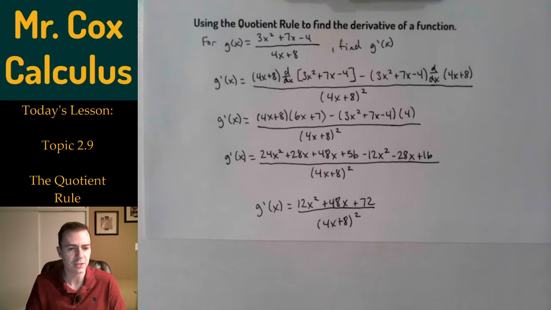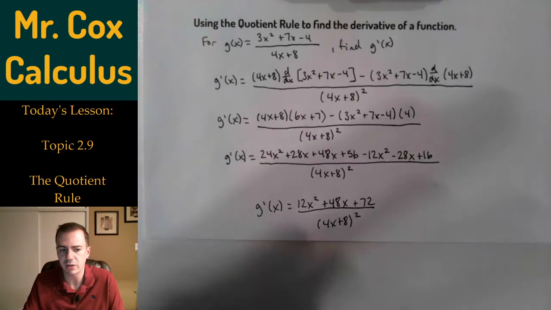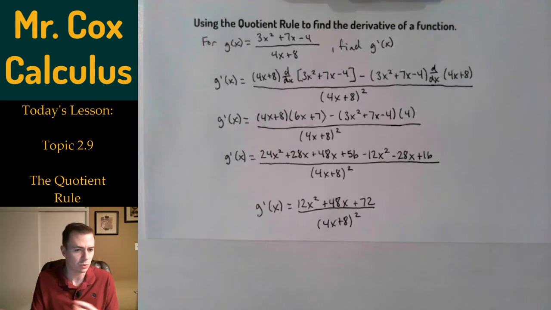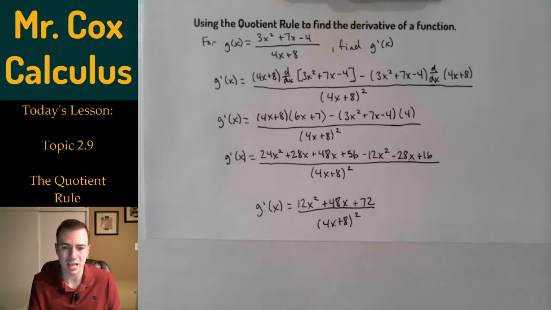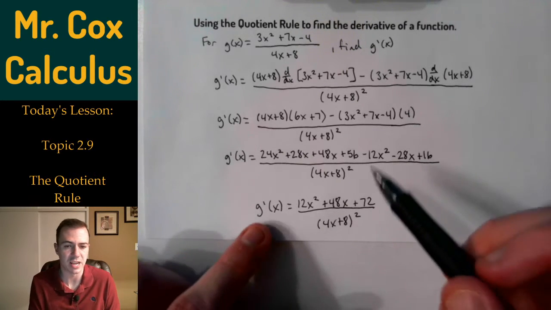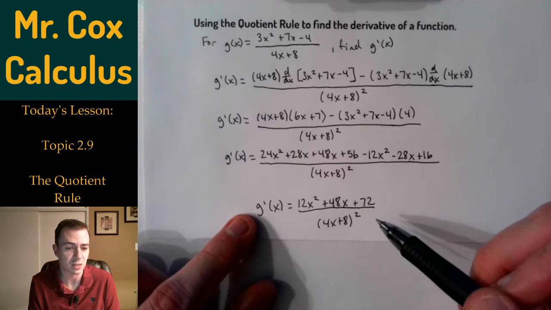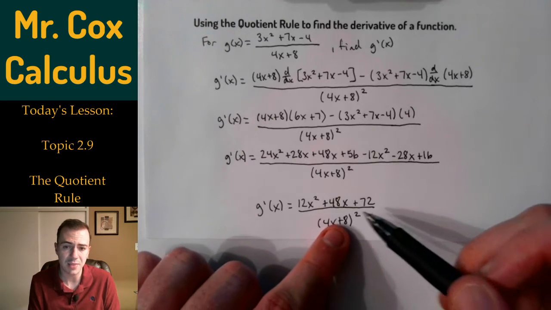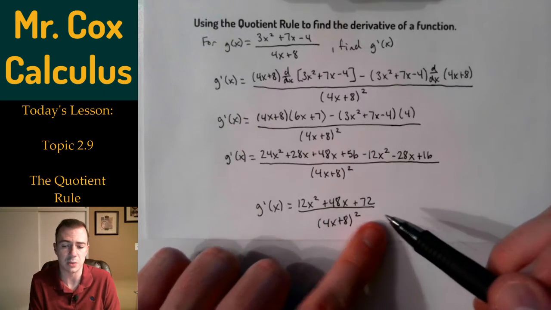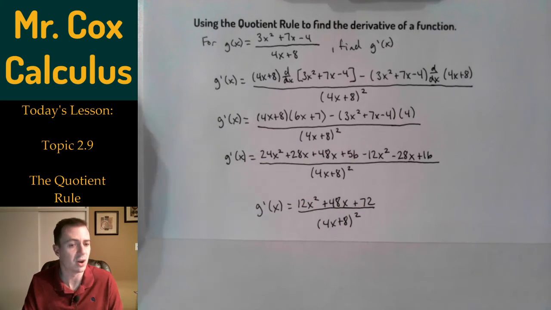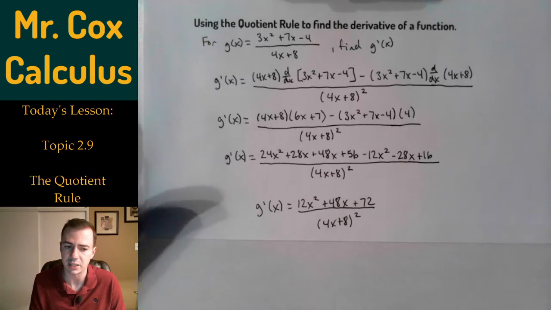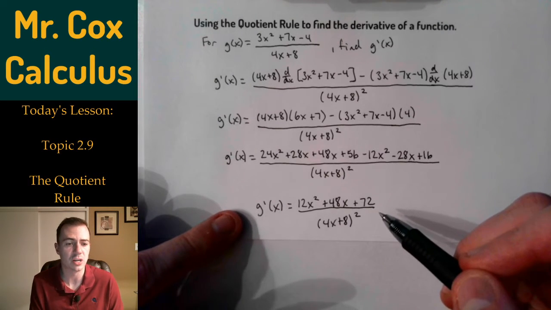Later on in calculus, we'll be doing things with these derivatives, and so we might simplify it or tailor it in a way that's going to set us up for success. For example, one of the things we'll do later on is take the derivative and be really interested in where it equals 0. And this is ready to go because we can set it equal to 0, which would just be where the numerator equals 0, and we could solve that quadratic equation pretty easily. So this right now is good enough for now.